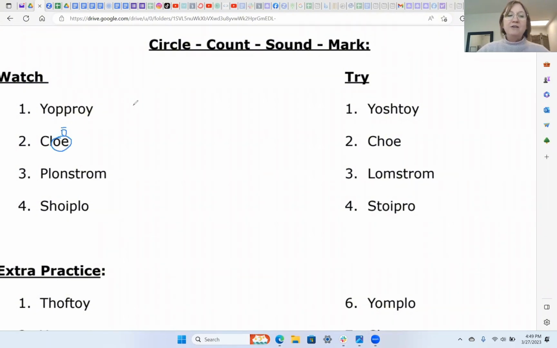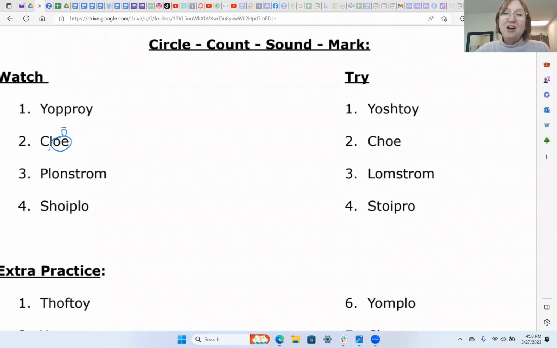This word is actually following two rules, and I was wondering which one I should have you learn, but OE is how you say O. It also follows the tap two rule, and that E is also silent. There's a few things happening there, but this is the easiest way to learn it. OE is a grapheme that says O.